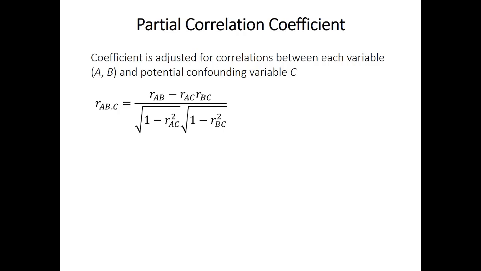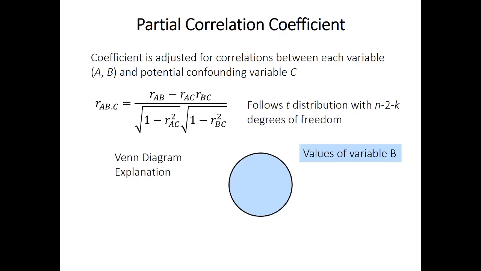And so the equation looks like this. For hypothesis testing, the coefficient that you get can be converted into something that follows a t-distribution where the degrees of freedom are n, the number of total observations you have, minus 2, minus k, which is the number of confounding variables. So generally n minus 3. Well, in this case, it would be.